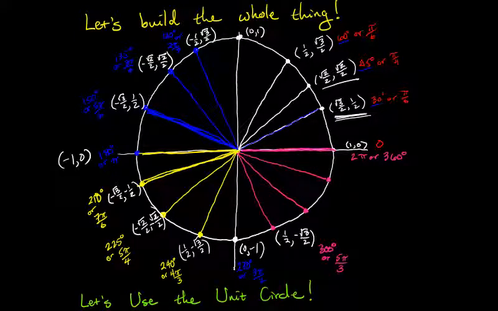Okay. Next one's 45 degrees away from 360, which would be 315, or 7 pi fourths. It's a fourth away from 2 pi, so 7 pi fourths. And then you would have yourself a positive x value, rad 2 over 2, and then a negative y value, negative rad 2 over 2.